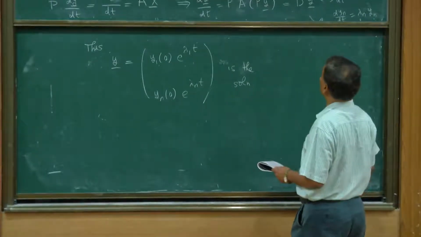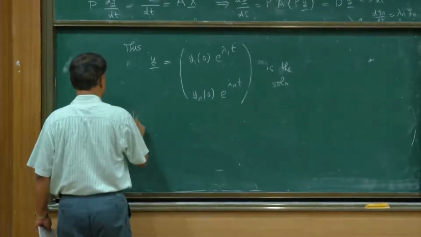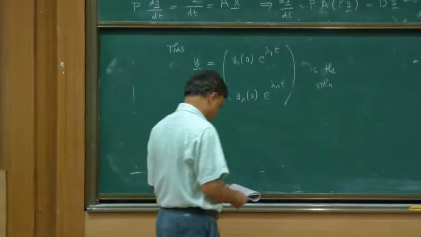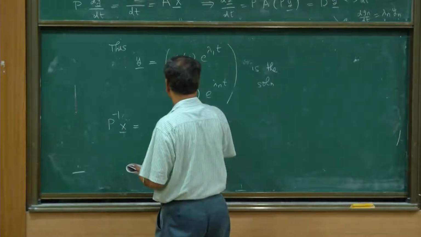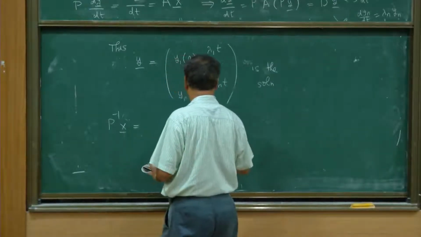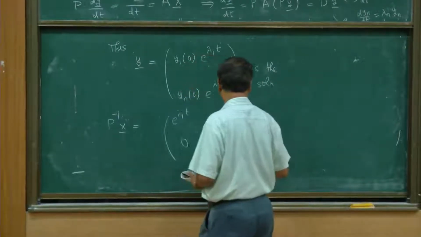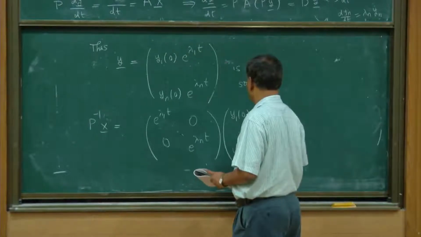So y was what? P inverse x. So I get P inverse x(t) becomes, let me write this as e to the lambda 1 t, ..., e to the lambda n t on the diagonal, and maybe the initial values y1(0) to yn(0).